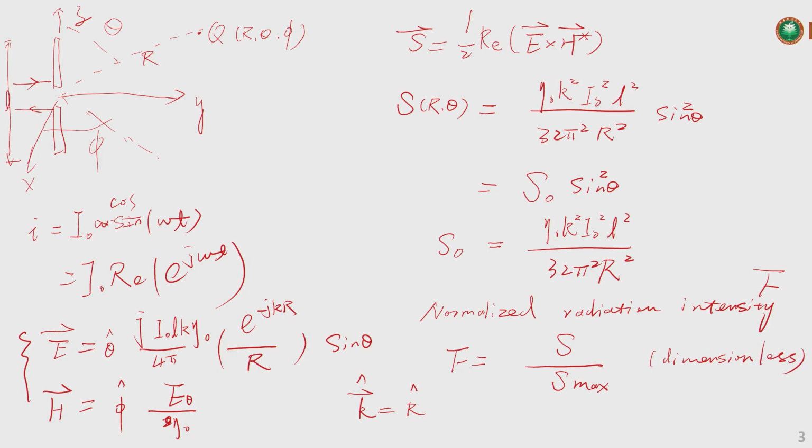So this parameter, the power density, can only be used to represent the antenna pattern, right? So when we want to take measurements, we transfer it to the normalized radiation intensity.